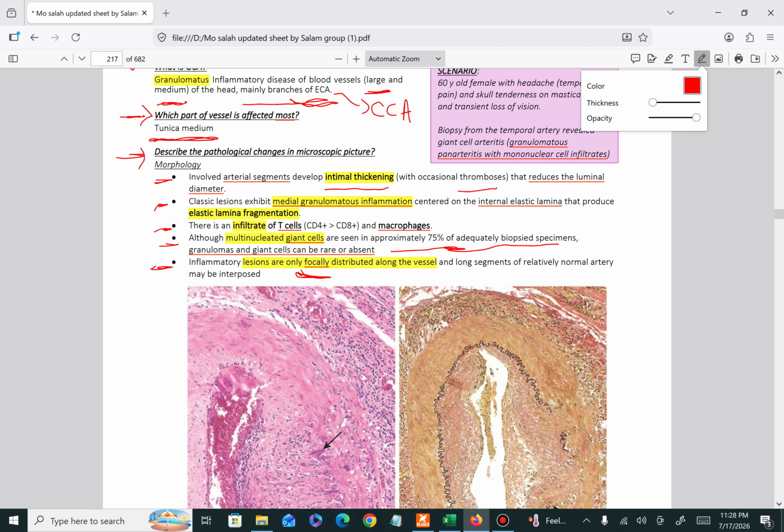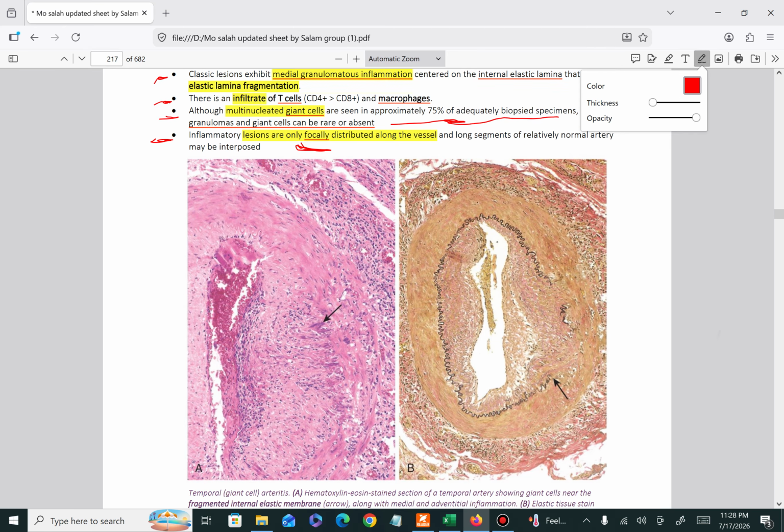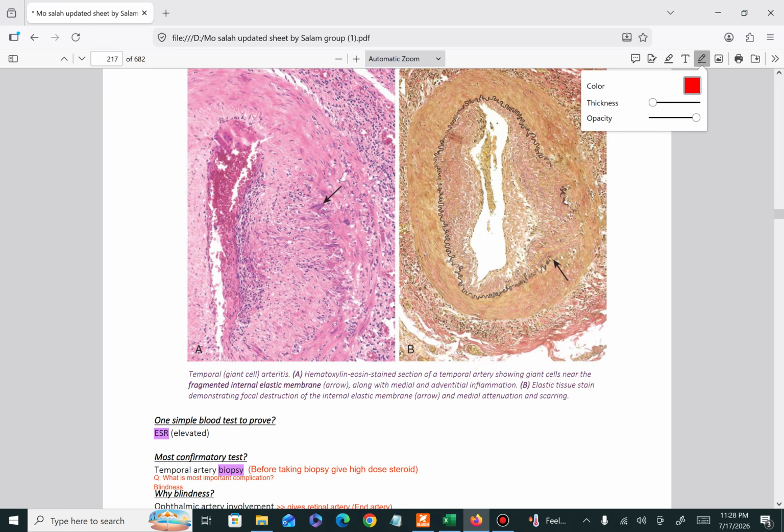Okay, so giant cell arteritis causes focal granulomatous inflammation. Okay, focal granulomatous inflammation.